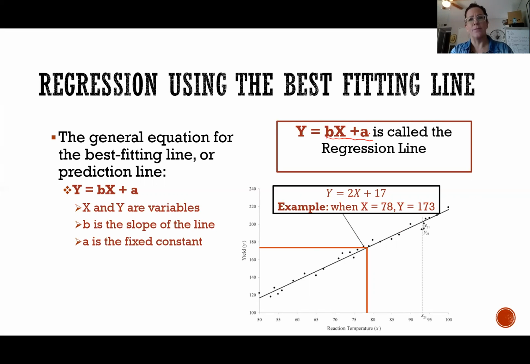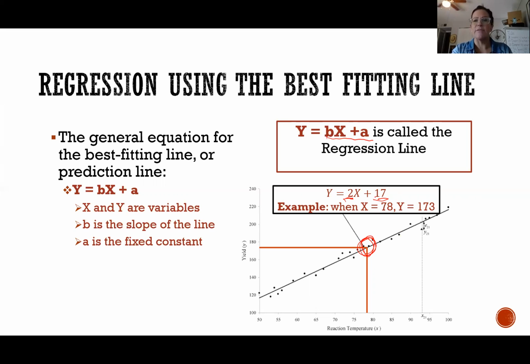So let's say our slope is 2 and our constant, which is a, is 17. If we try to predict what y would be using that information, let's say we had the number 78, and here's our data point, 78 right in here.